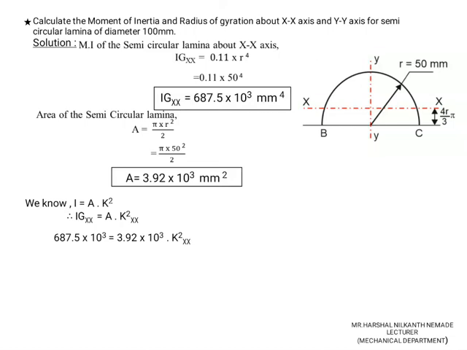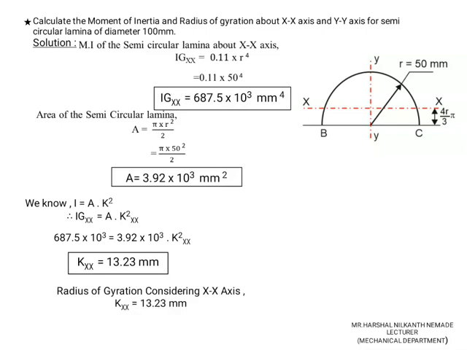I will substitute the IGXX value: 687.5 multiplied by 10 raised to 3 is equal to the area I have calculated, 3.92 multiplied by 10 raised to 3, multiplied by kxx square. So I will find kxx is equal to 13.23 mm. Therefore the radius of gyration considering the xx axis, kxx, is equal to 13.23 mm.